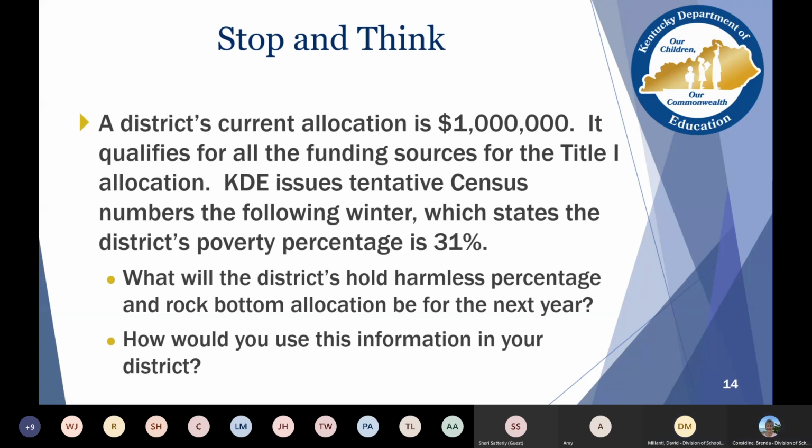And again, the way we calculated that is at a poverty percentage of 31%, you would qualify for that 95% level hold harmless, which means that your next year's allocation again cannot be reduced below $950,000. That's correct.